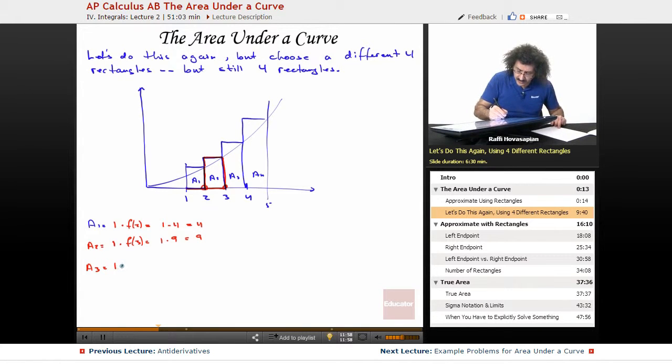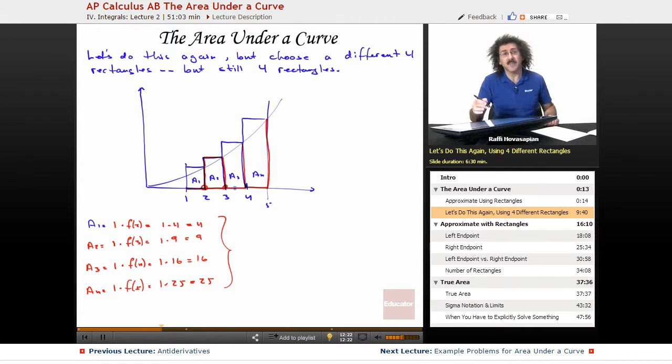My third area is going to be 1 times f of 4, which is 1 times 16 is 16. And my fourth rectangle is going to be 1 times f of 5, which is 1 times 25, which is 25.